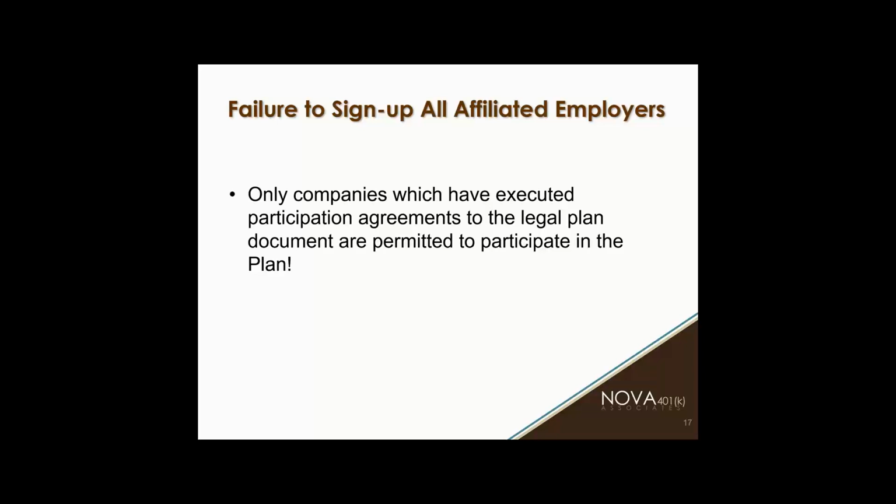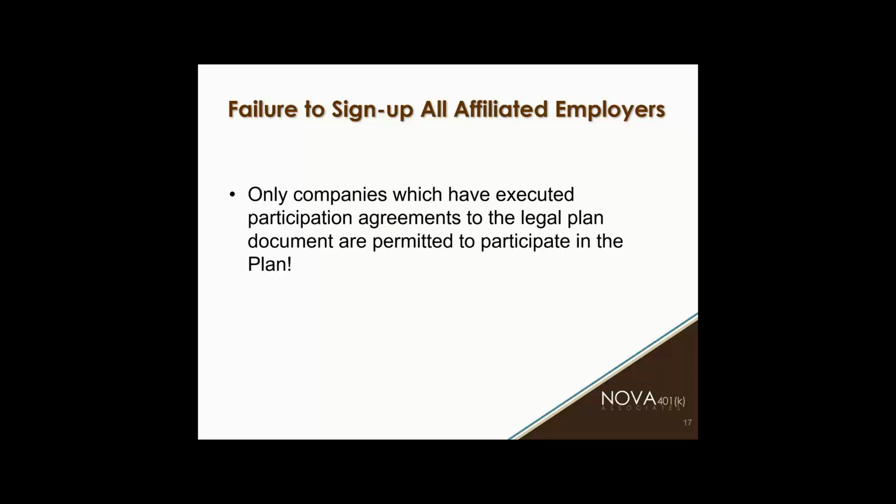So if you have a parent company and 3 subsidiary companies, all employing people, and you haven't signed up the 3 subsidiaries and it's only the parent company that's signed up for the plan, the other 3 are not permitted to participate.